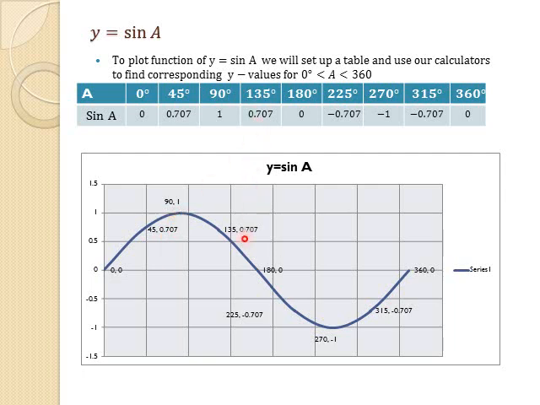The 90 and 1, as you can see, it turns again to 135, 0,707, 180 and 0, 225, negative 0,707, 270 minus 1, 315 and 360. And I simply join all my dots and I have a basic sine graph.